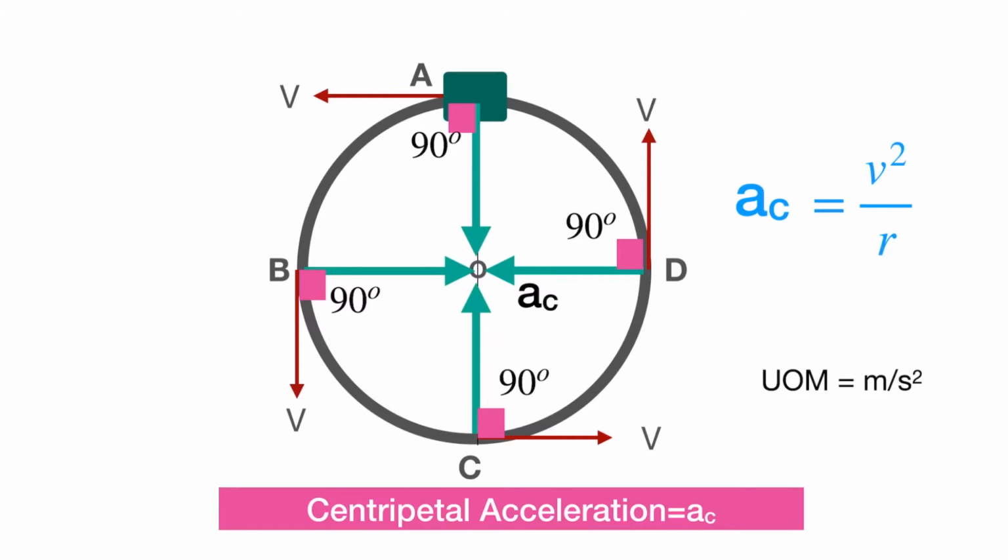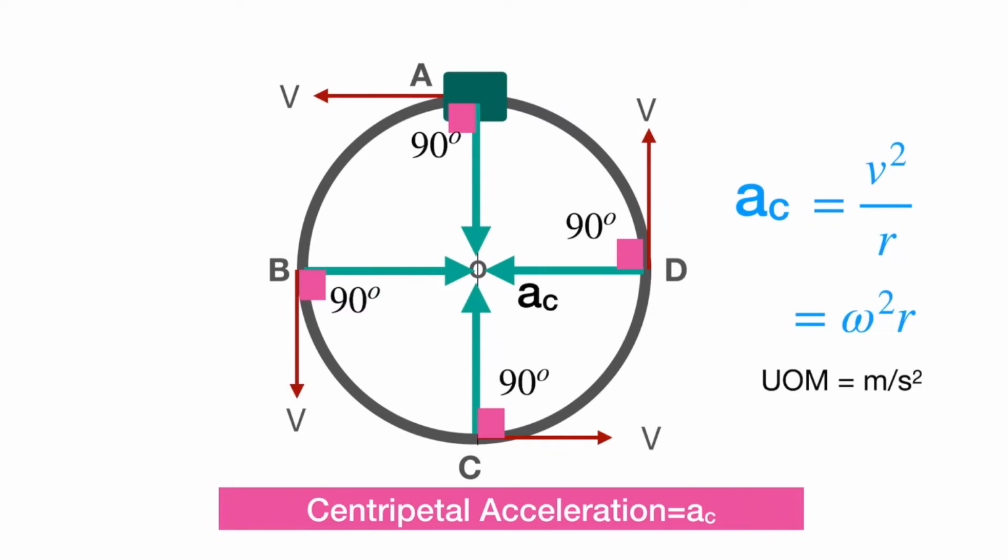Here v is the speed or tangential velocity, and r is the radius of the circle. And this is equivalent to omega squared r, where omega is angular speed or angular velocity. The unit of measure of centripetal acceleration is meter per second squared.